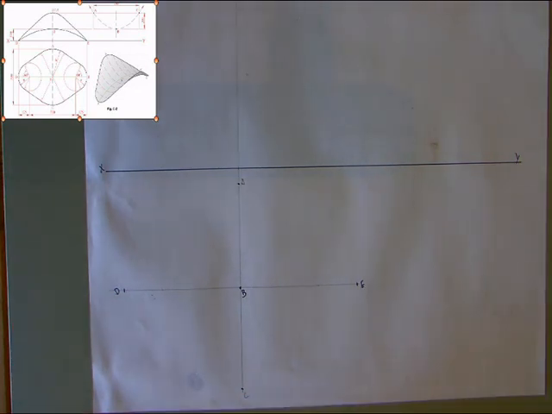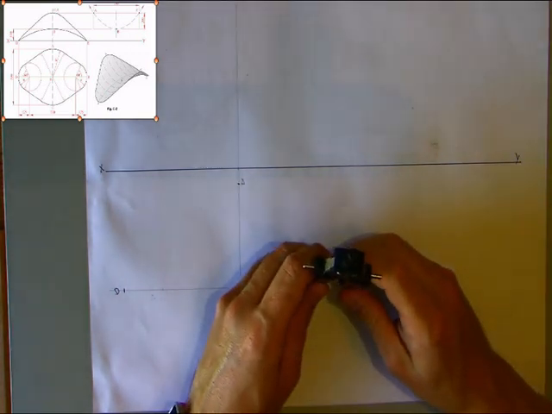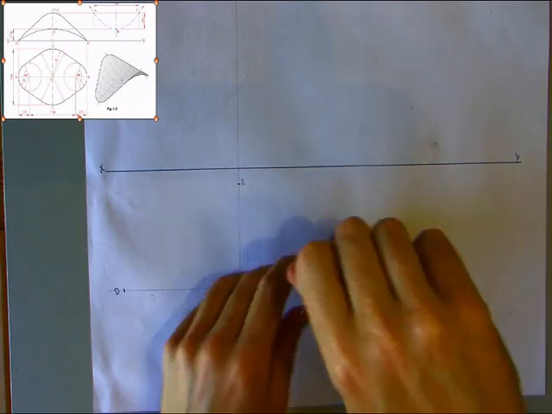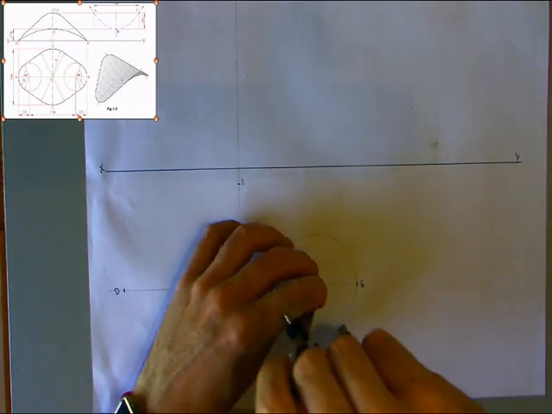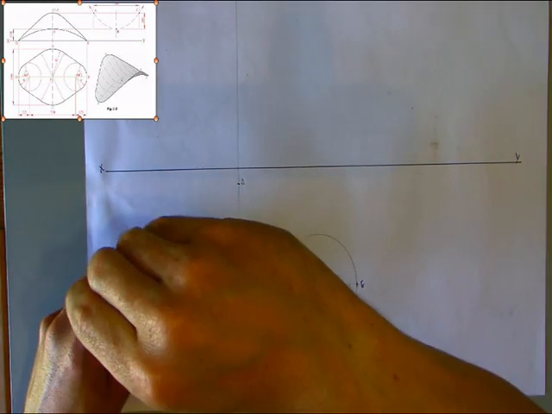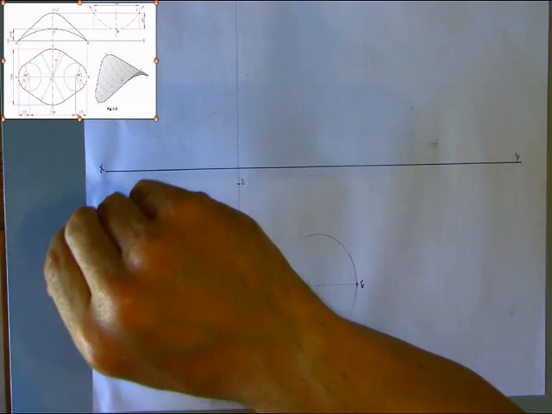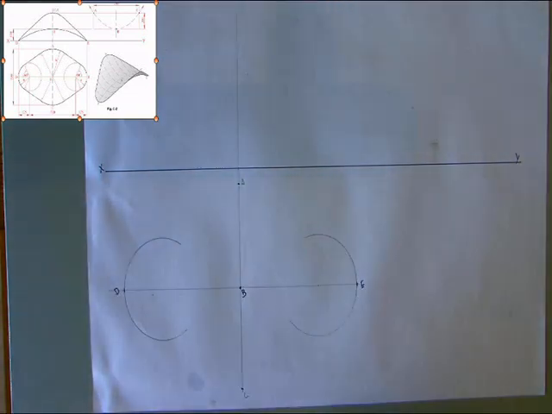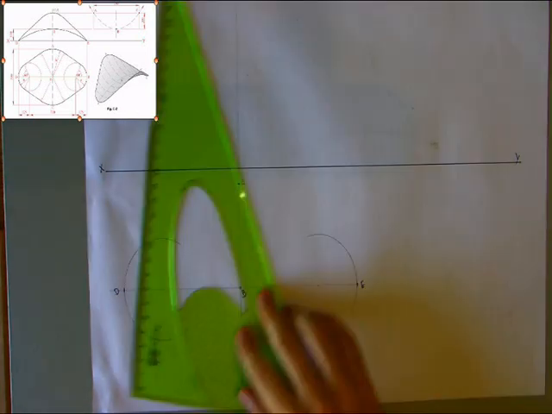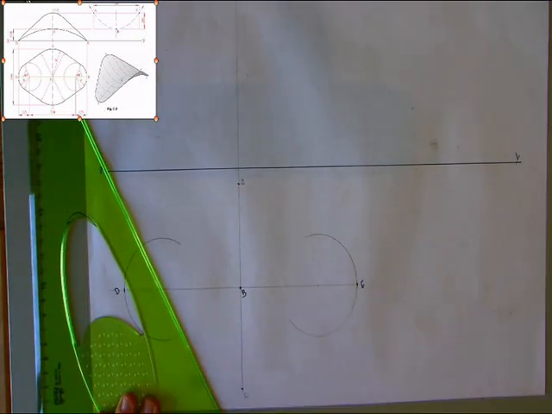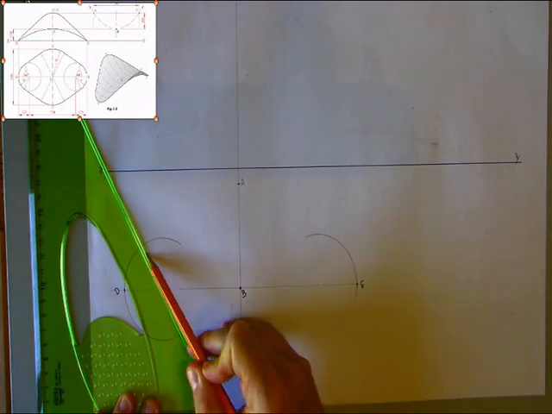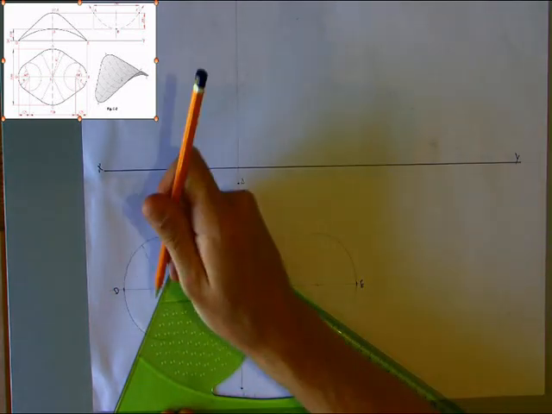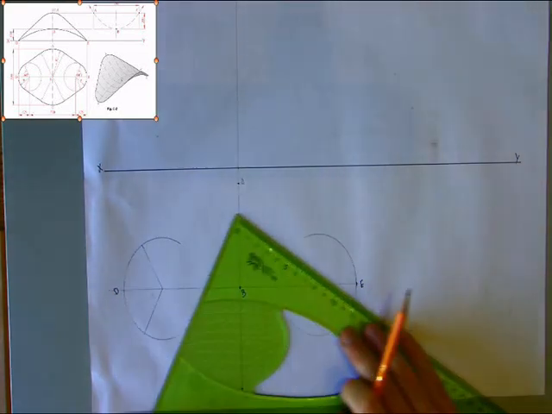Now, we're also going to take that 35 millimeters, and we're going to mark it in for the radius of this plan view. Same over here. Okay. And we are given the tangency points as well, which is 60 degrees from the center of this. There's our tangency point there. And the underside of it, there's our tangency point there.